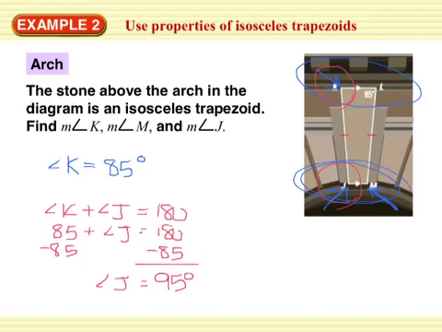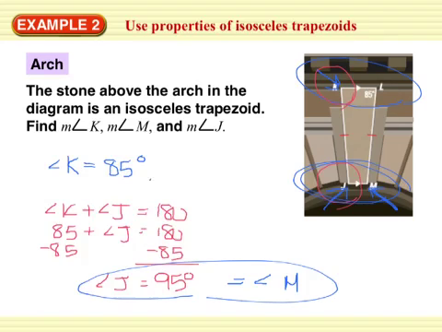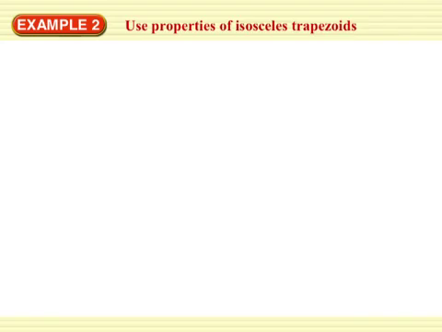J and M are a pair of base angles of an isosceles trapezoid, so we also have the measure of angle M, which is 95 degrees. And you could double check by adding them all together, 85 plus 85 plus 95 plus 95, and you would get 360, which is the sum of interior angles for a quadrilateral. Very cool.